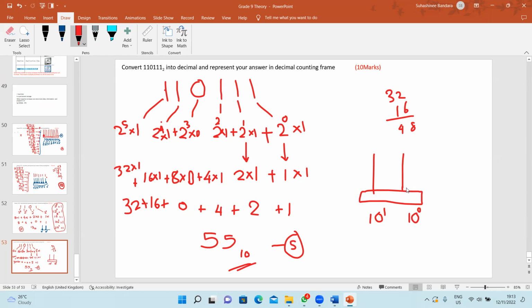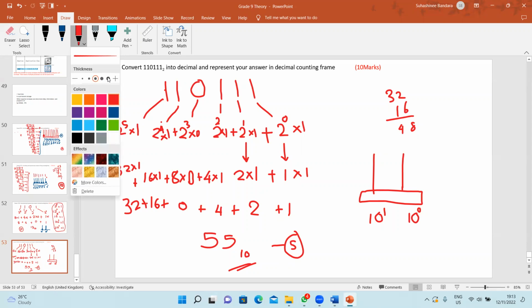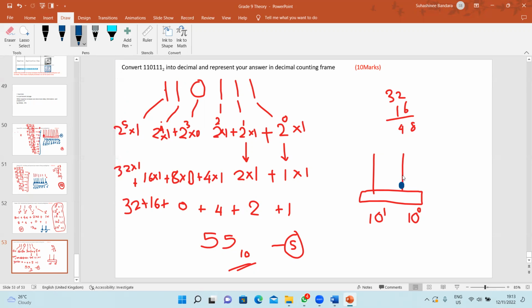So here we have 5 balls for each side. Altogether 5, 5. That means 10 marks.